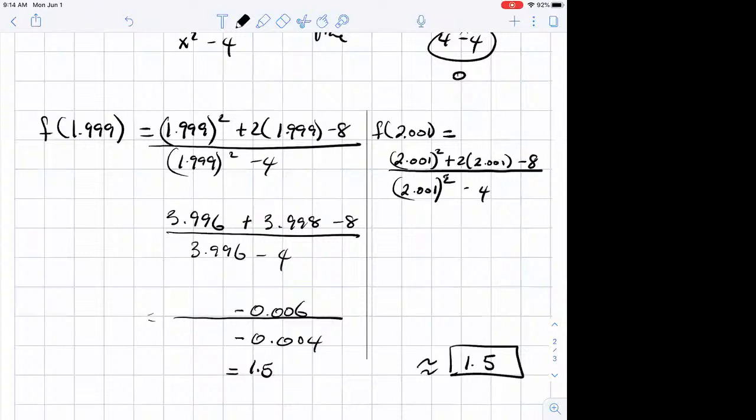If we try those values in our calculator, 2.001, if we square that, we'll get approximately 4.004. Then plus, and I'm rounding, right? So that's why I said approximately. 2 times 2.001 is approximately 4.002 minus 8 over 4.004 minus 4.